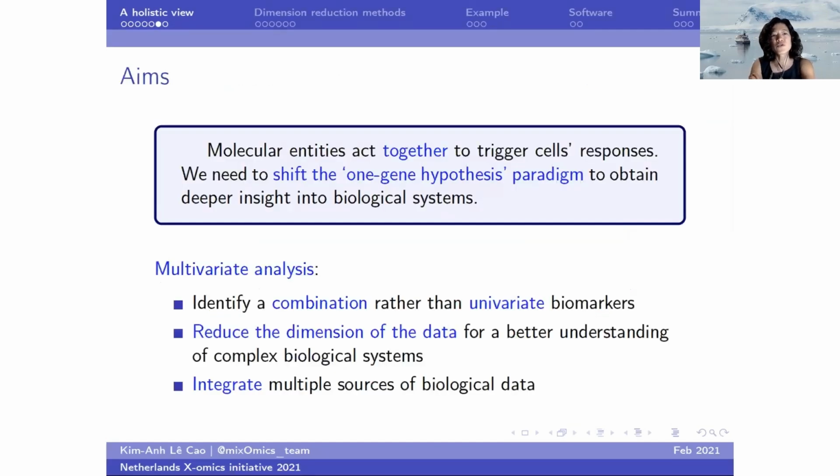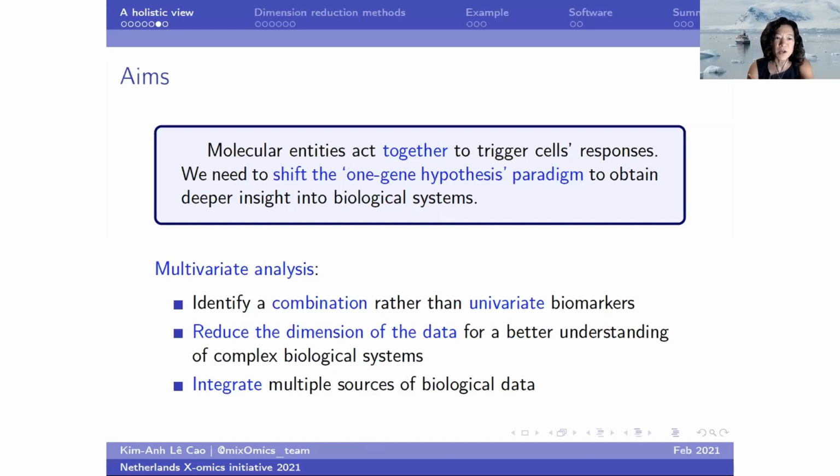So what we're trying to do with our methods is really to shift this one gene hypothesis paradigm, because we believe that molecules act together to trigger cells' response in biological system. And so in multivariate analysis, we propose methods that can identify a combination of markers rather than considering each univariate marker at a time.